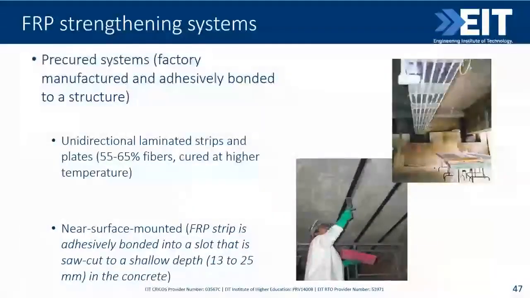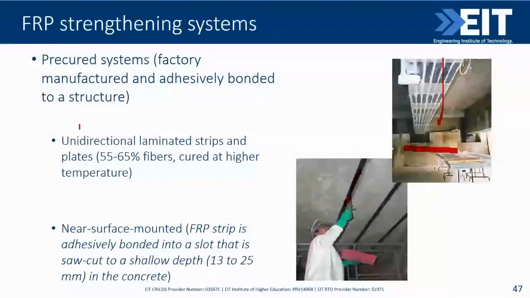The other way is to use procured systems, so ready off-site manufactured composites, and they will be bonded to the structure on site. In this case, mostly unidirectional laminate strips. So what's in this picture? This one shows strips and plates with high fiber volume content.